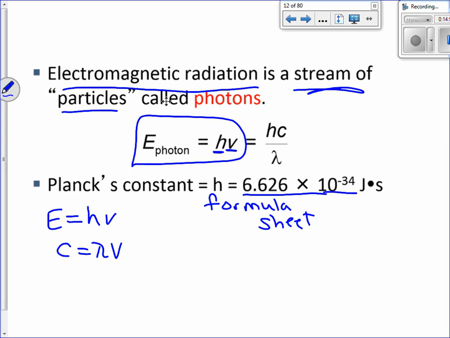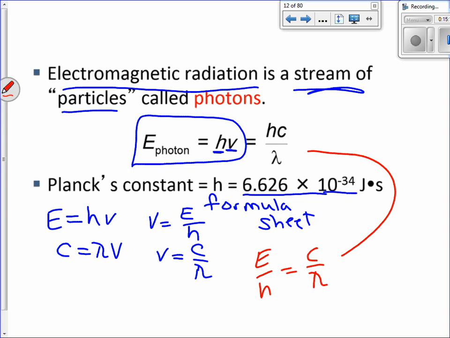If I made nu equal E divided by h and nu equal c divided by lambda, couldn't I say then that E over h equals c over lambda? And then I could eventually get to that point, right?